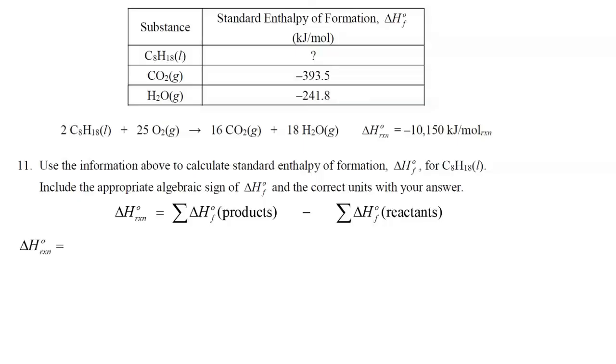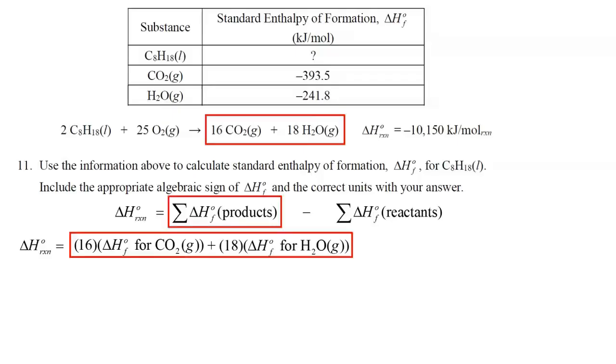Okay, so the delta H is products minus reactants. So it's going to be 16 times the delta H of formation for CO2 gas, that's one of the products, plus 18 times the delta H of formation for water vapor. Again, that's one of the products. So the products are CO2 and H2O. We have coefficients of 16 for CO2 and 18 for water vapor.